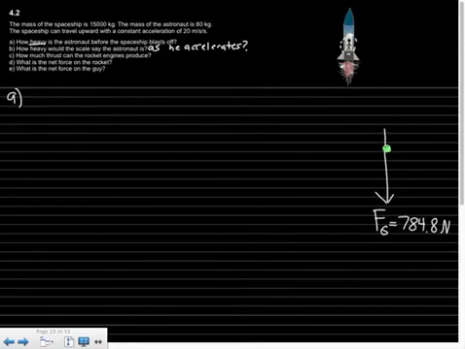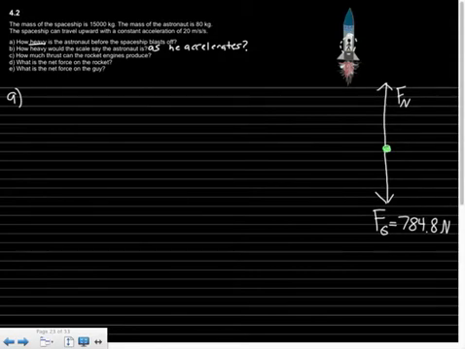So this force is the force that the scale is pushing up on him. The scale is getting pushed up by the floor. The floor is getting pushed up by the rocket. So really, the normal force in this problem is the force that the rocket is pushing up on him. But the scale is going to read whatever the normal force says.